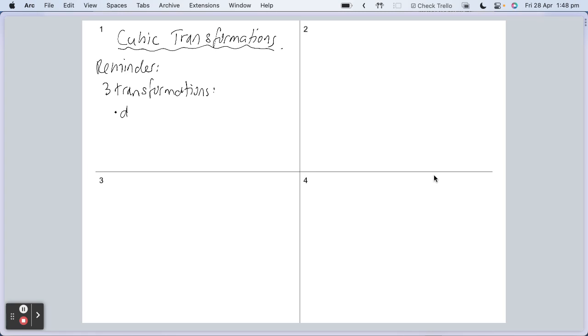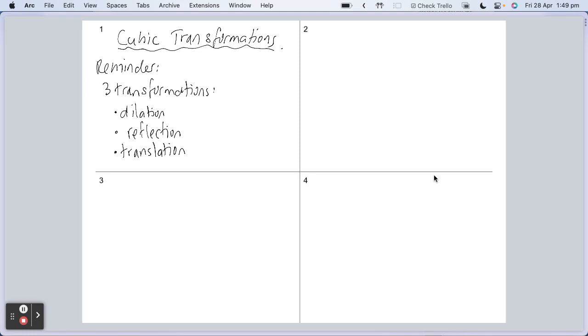Yes. Dilation is one of them. Viresh, translation is another one. Yes, Eva, reflection. So these are the three transformations that we can create on a function.